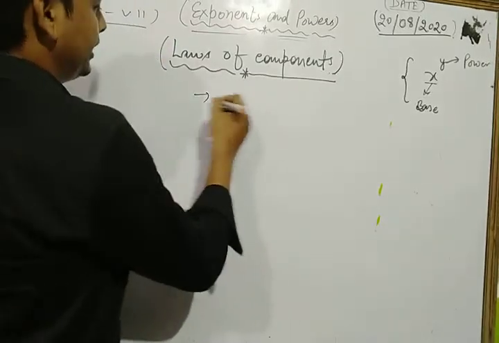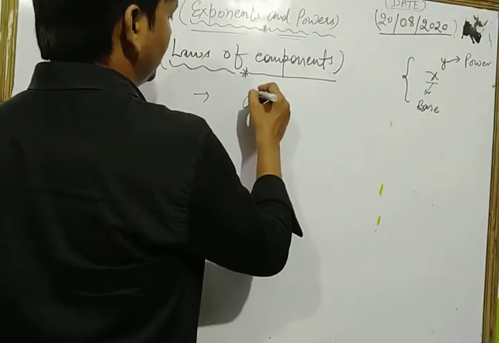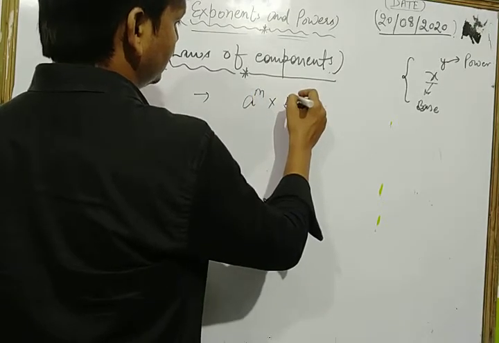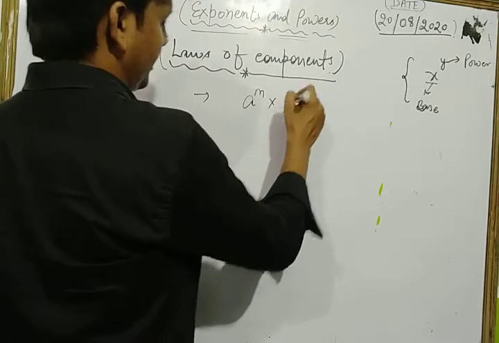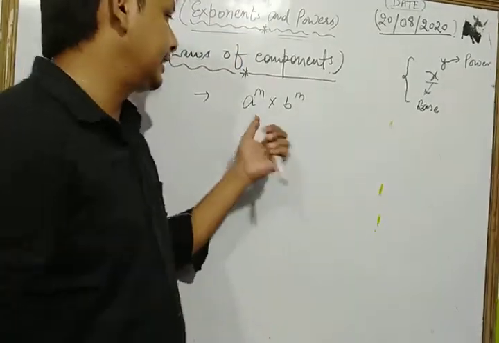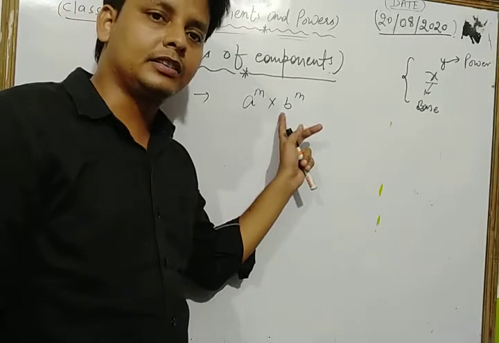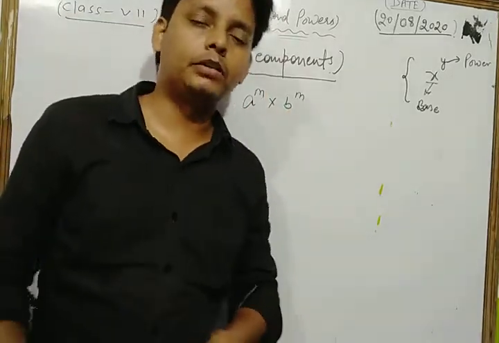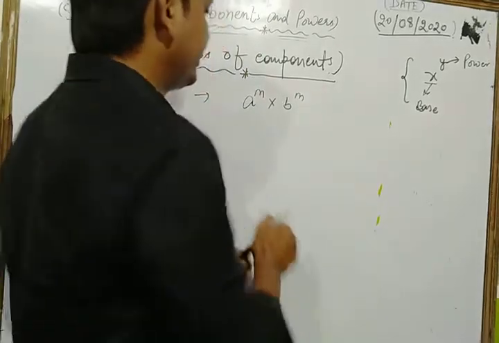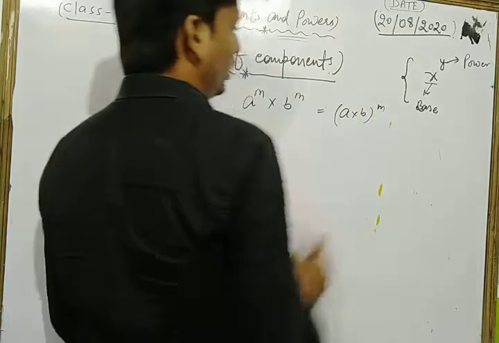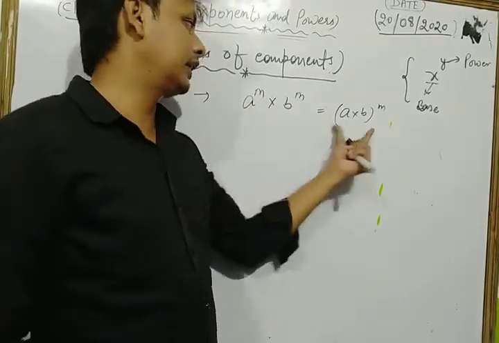Dear student, if we write a to the power m into b to the power m, here the bases are different but the power is the same. So here we can write it in this way: we take a into b whole to the power m. We can write this law in this way.